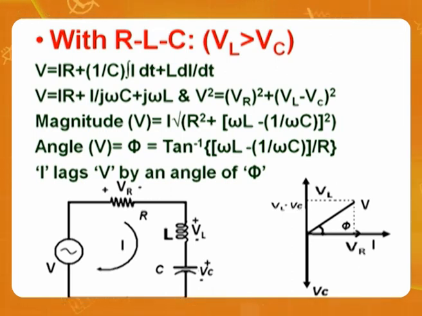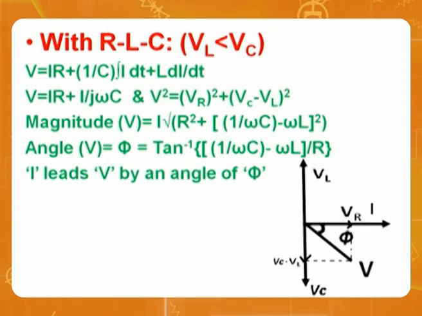Please follow this one. Now I will take you to the case where VL is less than VC. Look at this, with RLC, VL is less than VC. What will happen? Suppose VL is here and VC is more, so VC minus VL becomes negative.